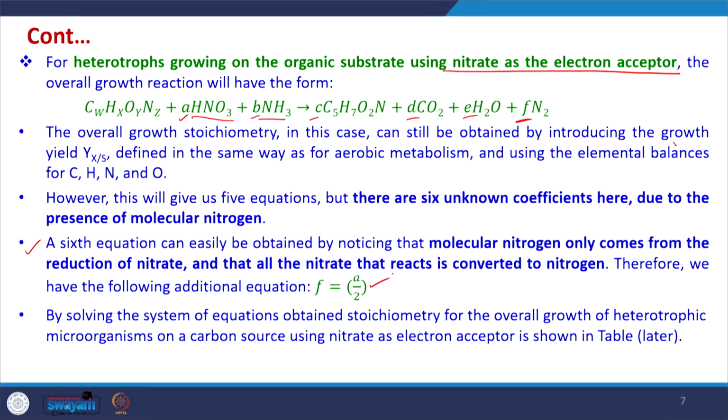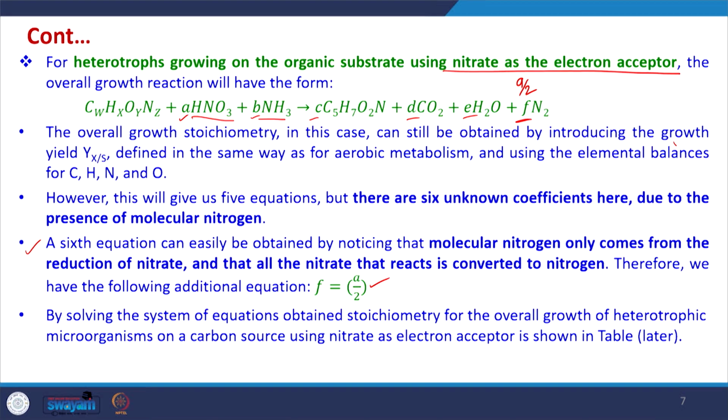So, in place of F here we can always write A by 2. So, in actual condition we have only 5 unknowns and 4 elemental balances we can write. Thus, using the growth yield again, we can write the overall balance.